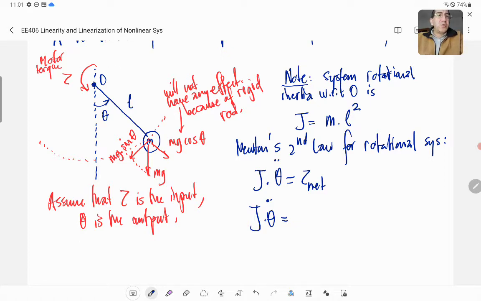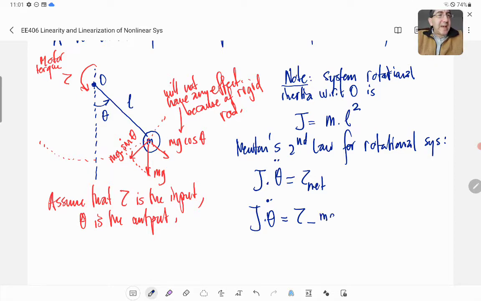Remember, in order to do that, you need to basically construct a free body diagram, a rotational inertia, and you need to indicate all the torques acting on that free body. Okay, so in this case, we have tau acting in the direction of theta, and you also have a torque because of the force mg sine theta, acting in the reverse direction.